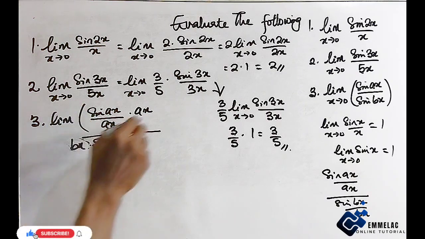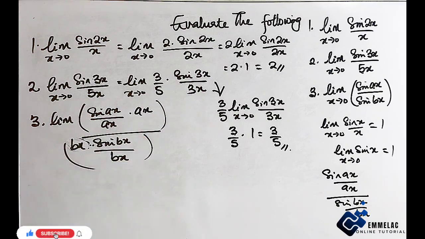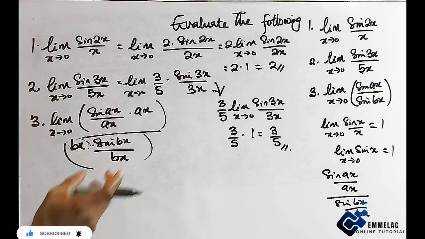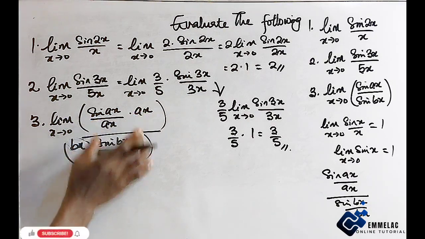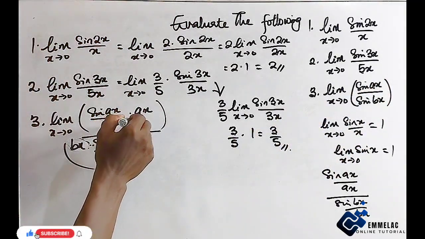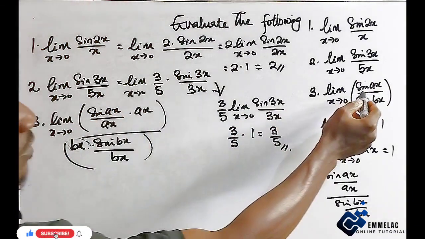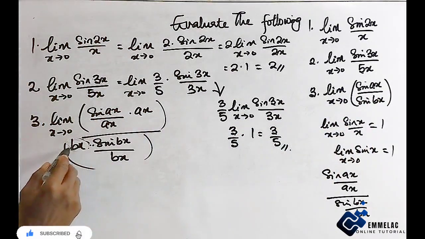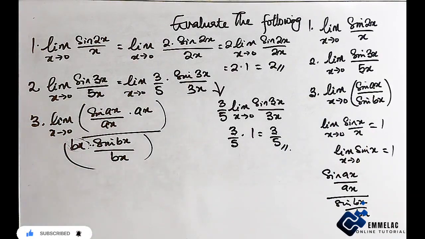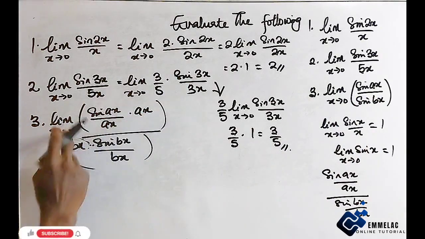Now, as x tends towards 0, this expression can also give us the original expression, because when we eliminate ax and ax, we arrive at sine ax, and when we eliminate bx and bx, we arrive back at sine bx.